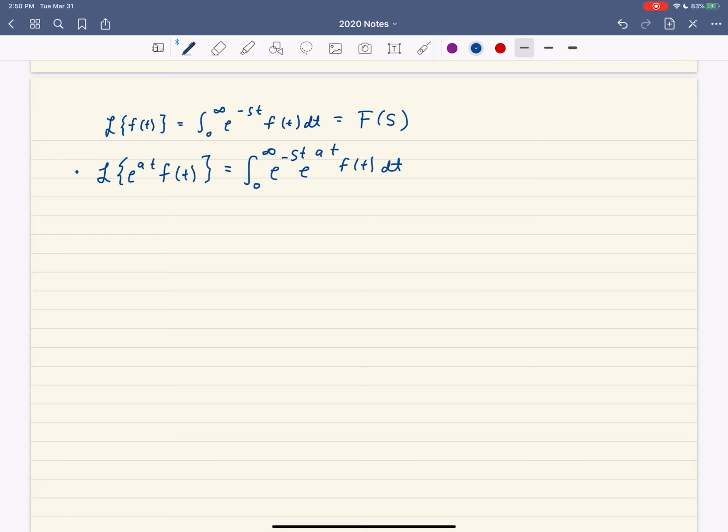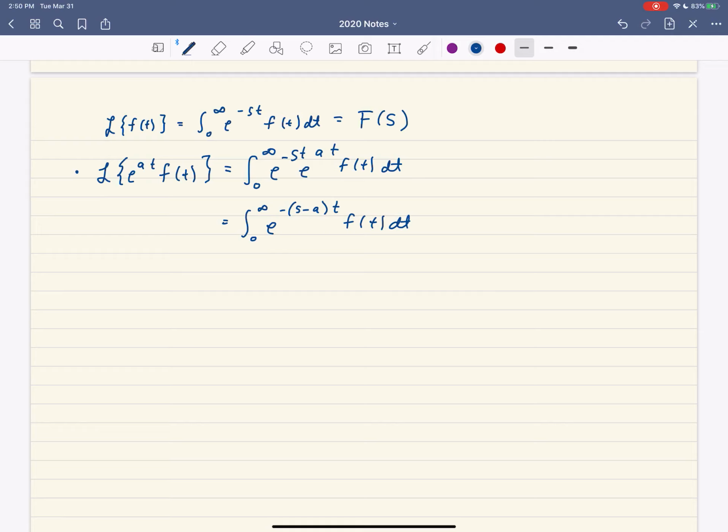This is really just a one or two step process, but I can combine them to be e to the negative quantity s minus a, times t, f of t dt. Because if you distribute the negative, you get negative st and plus at. And so that's what we have up here.